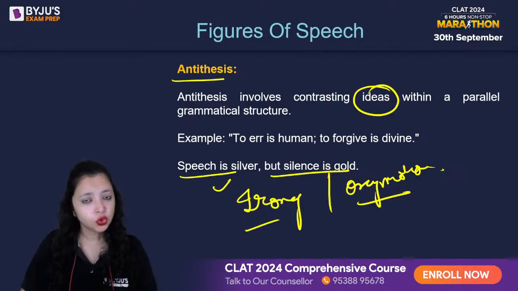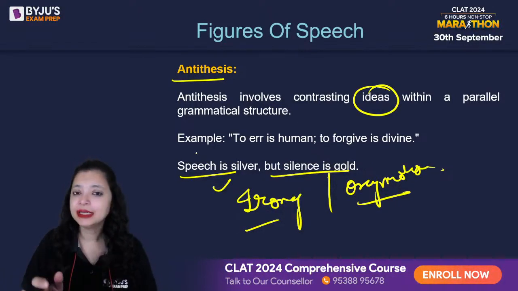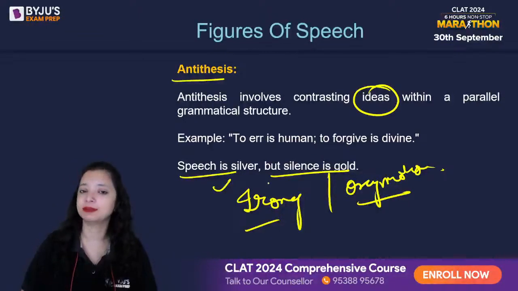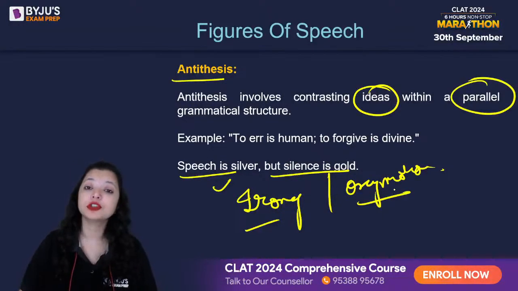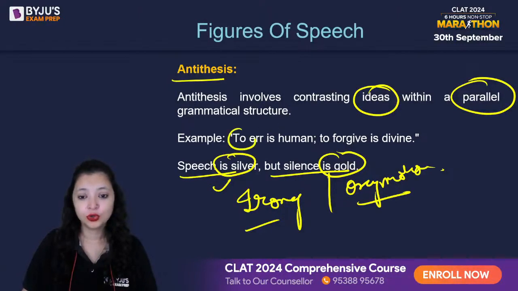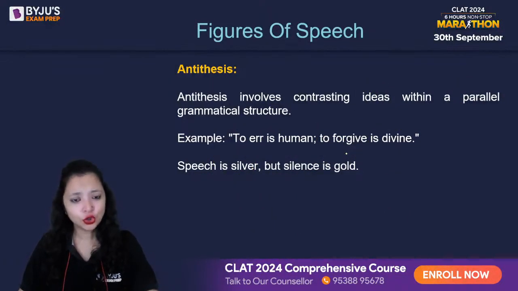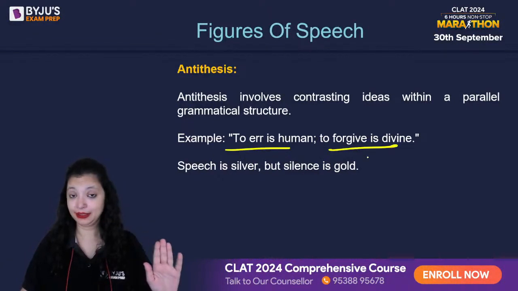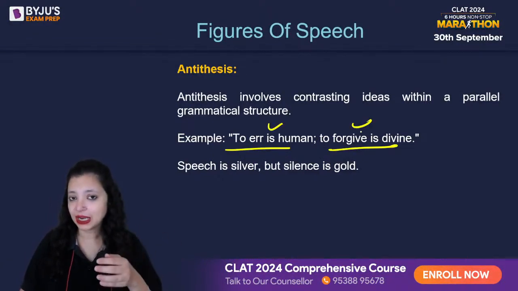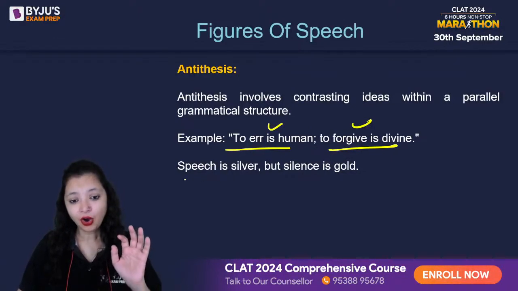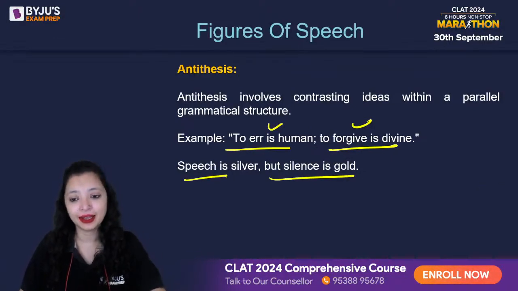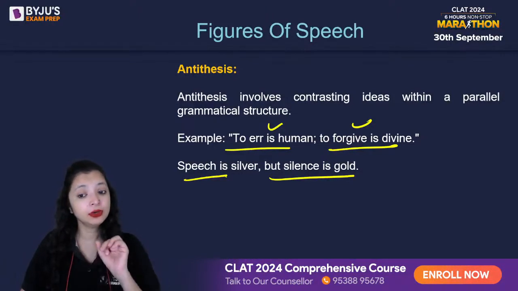You have two opposite ideas, and those opposite ideas will not be adjacent; they will be in two different clauses. Both clauses will be exactly parallel according to the rules of parallelism. To err is human, to forgive is divine. You see, these two clauses are independent and give ideas opposite to each other, and their structures are parallel.